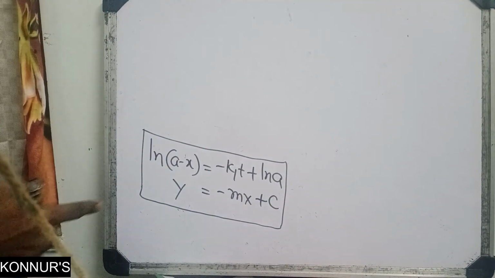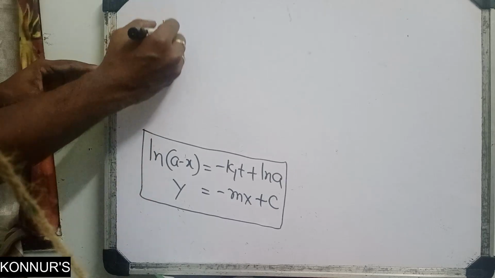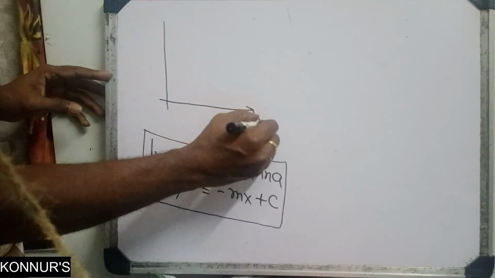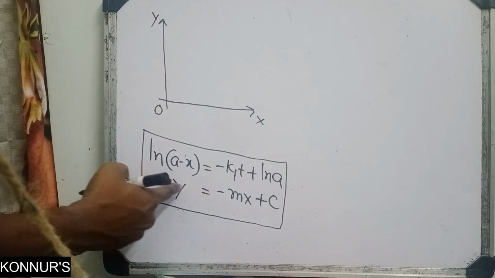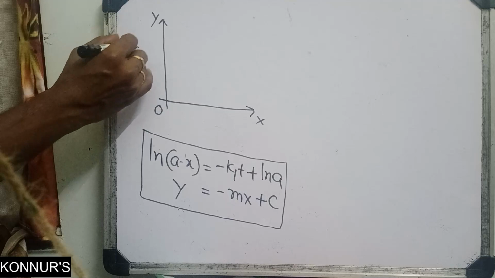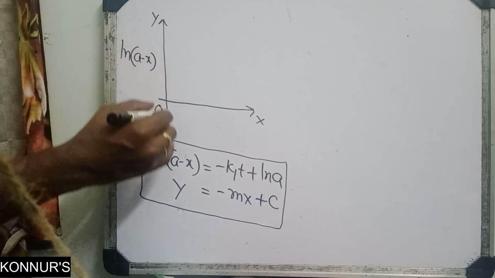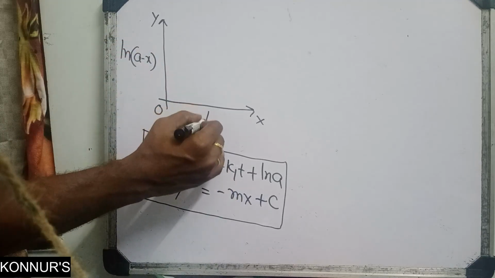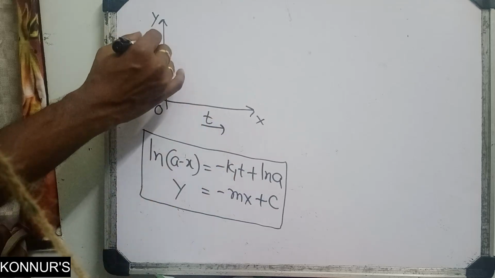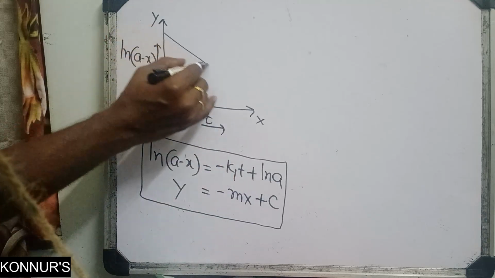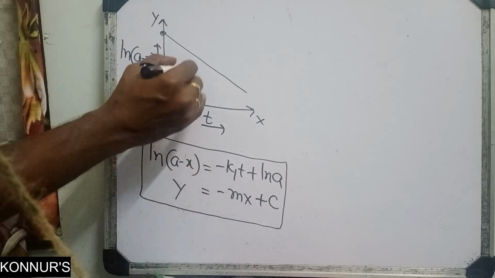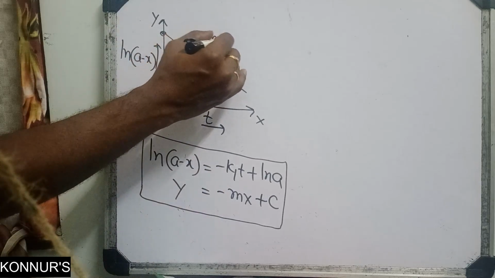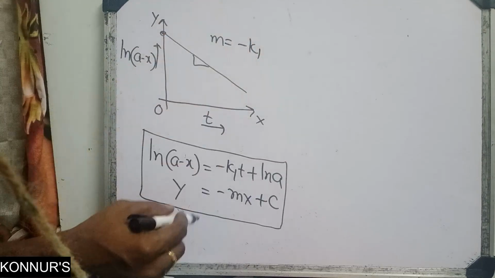Next, take this graph with y as ln of A minus x on the y-axis and time t on the x-axis. It is a negative slope, so it is coming down. The slope is m equal to minus K1.